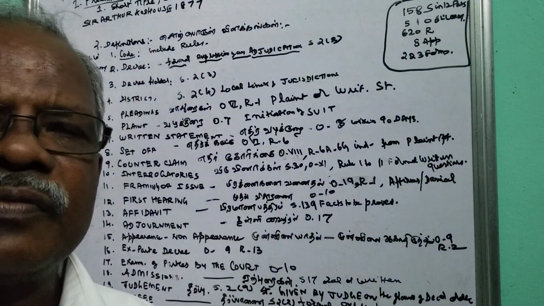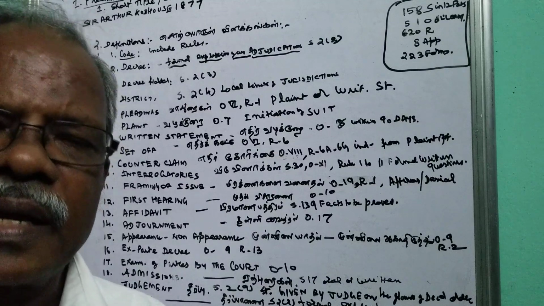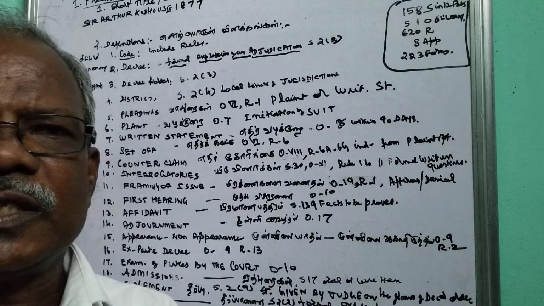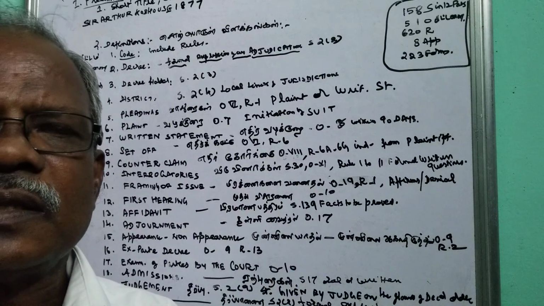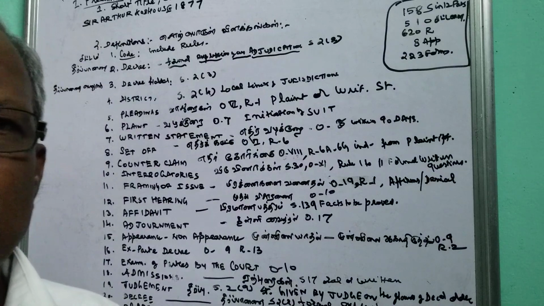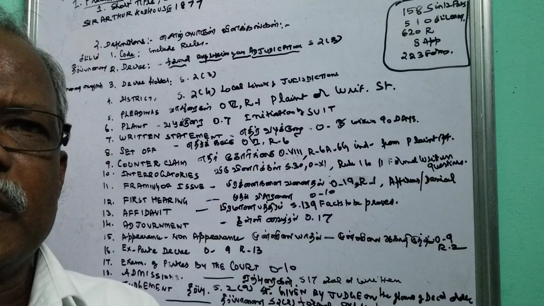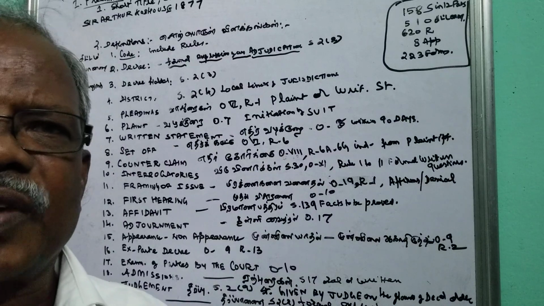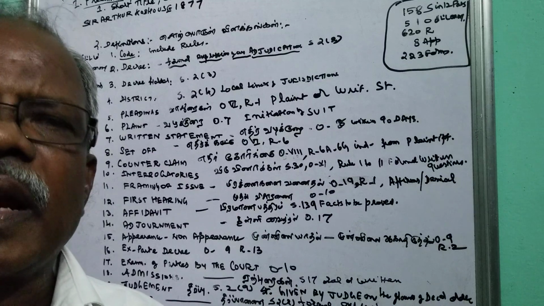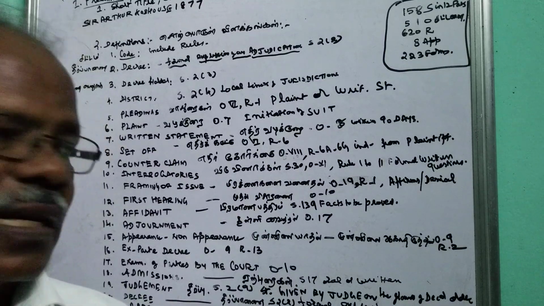And non-appearance will sometimes lead to an ex parte order. So to avoid all those things, whenever the summons is issued, the parties have to appear before the court. Or if it is not possible to appear before the court, either the plaintiff or defendant, the lawyer can appear on behalf of them, representing the plaintiff or defendant.